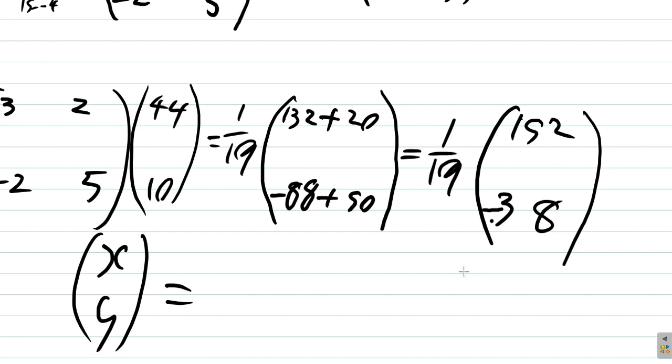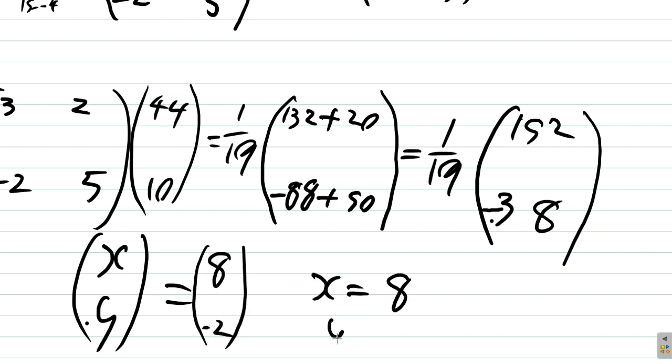So you have 152 over 19, and that gives you 8, and then negative 38 over 19, and that gives you negative 2. So therefore x is equal to 8, y is equal to negative 2, and there is your answer.